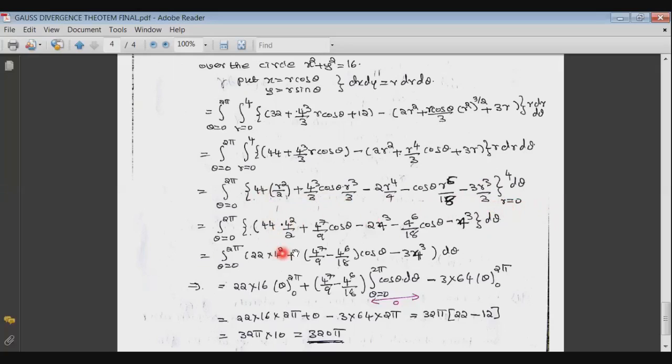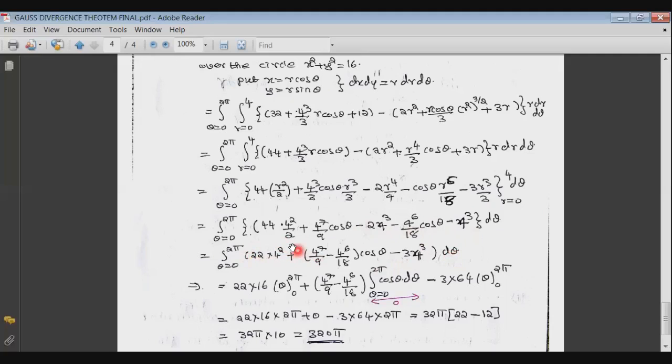Now this has to be integrated with respect to theta. In these two terms, this as it is becomes 22 into 4 square, and in the other two we can take cos theta as common, and if you simplify, that becomes minus 3 times 4 raised to 3. The resulting expression has to be integrated with respect to theta.